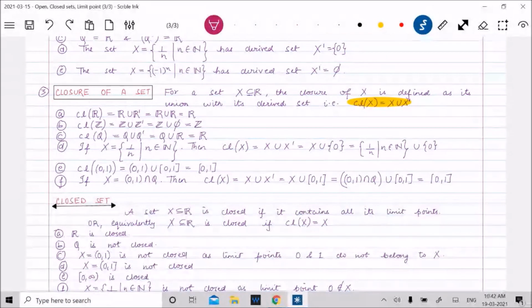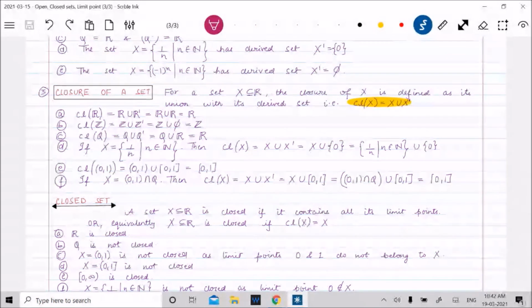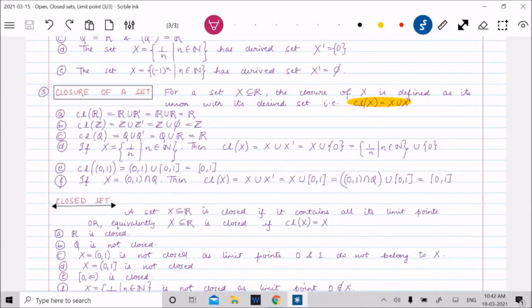A closed set is something which doesn't miss out its limit points. Something is called closed, which has a tendency to get squeezed. Something like the phenomenon of surface tension, like you see in a water drop. You know that a water drop is always trying to become spherical in shape. Why?